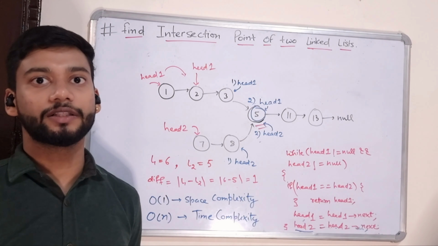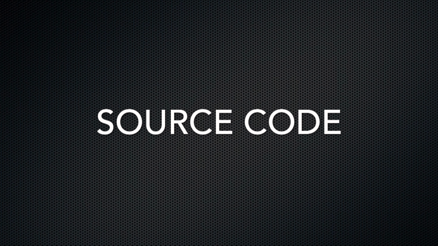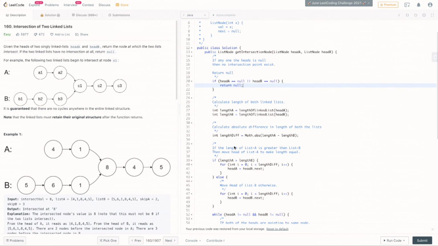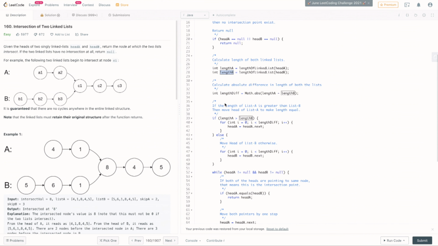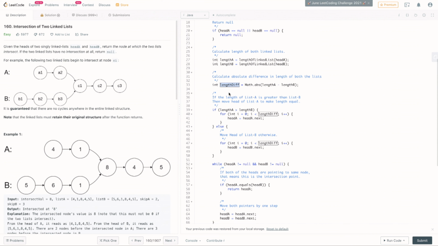Now let's look at the code for this solution. First, we will check if any of the heads is null, then we'll simply return null because the intersection node cannot exist. We will calculate the length of linked list A. Similarly, we will calculate the length of linked list B. Then we will find the absolute difference of both of the lengths.